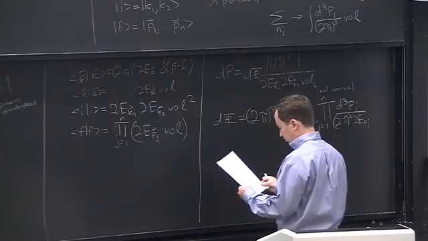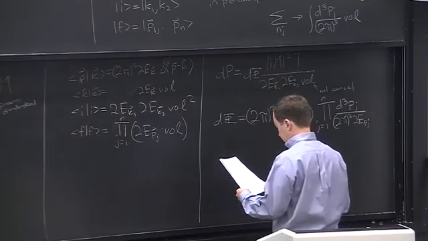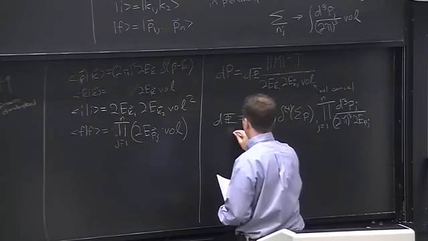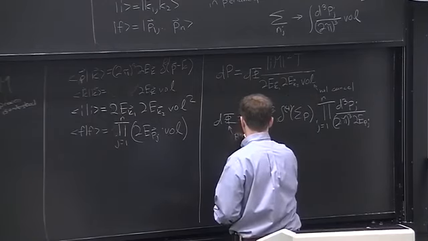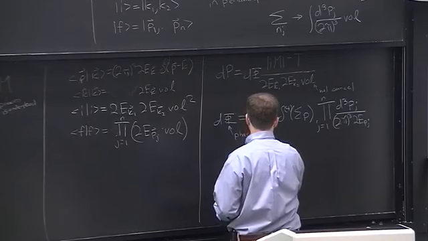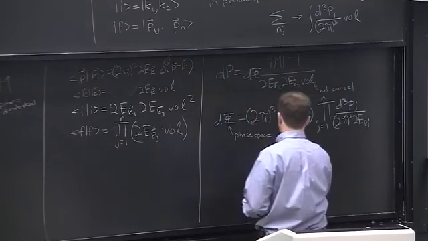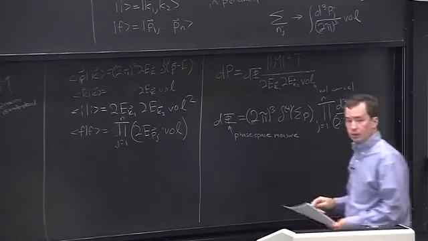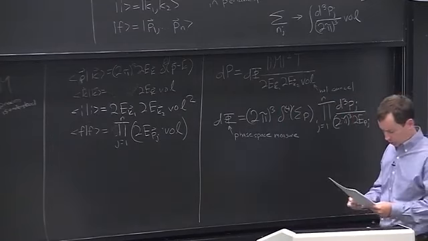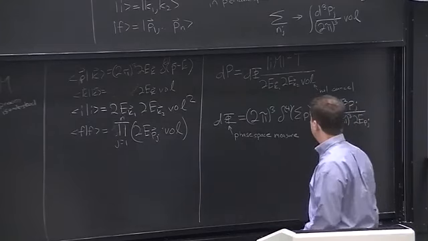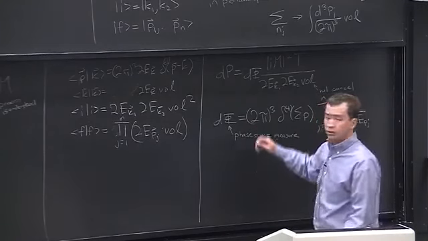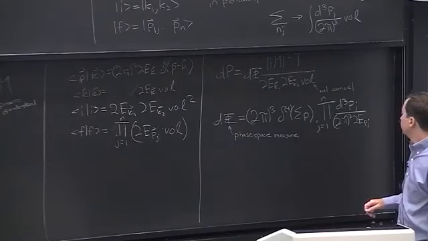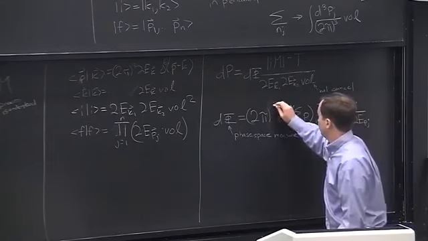And that's it. So this is what's known as the phase space measure. And what happened to a 2 pi factor? Well, the 2 pi to the 3 delta should be 2 pi to the 4. Thank you.